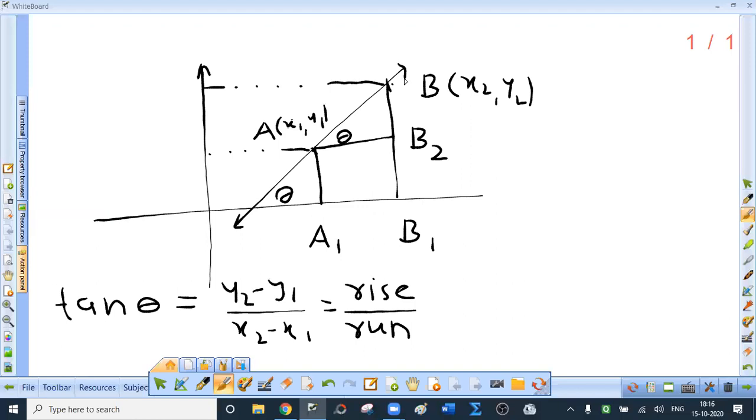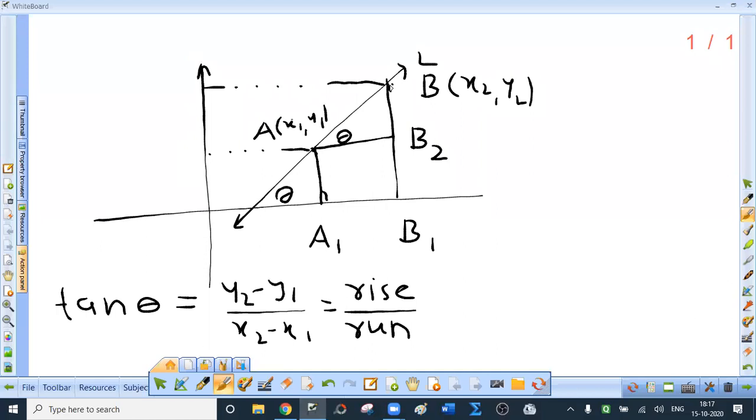Okay. Now, this is the line L which has an inclination theta. So, slope is tan theta. Now this line passes through the points A (x1, y1) and B (x2, y2). See what I have done. From A, I have drawn a perpendicular AA1 on the x-axis, and this point is say A2. This is the perpendicular on the y-axis.